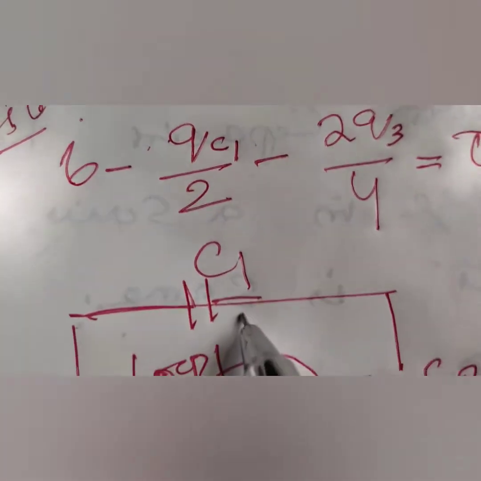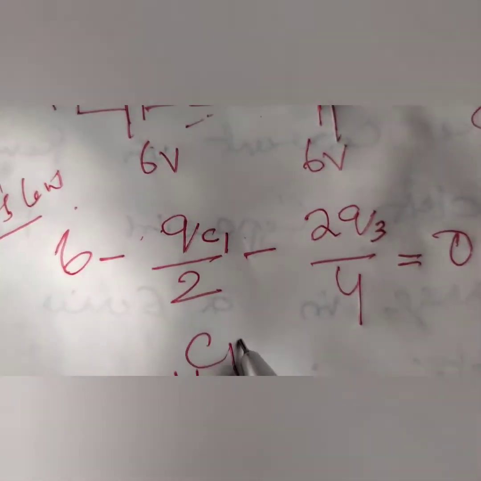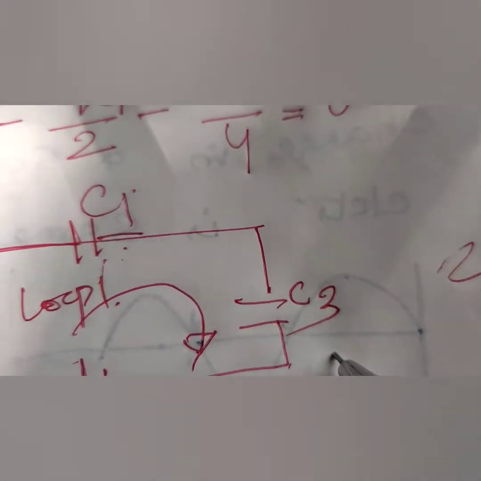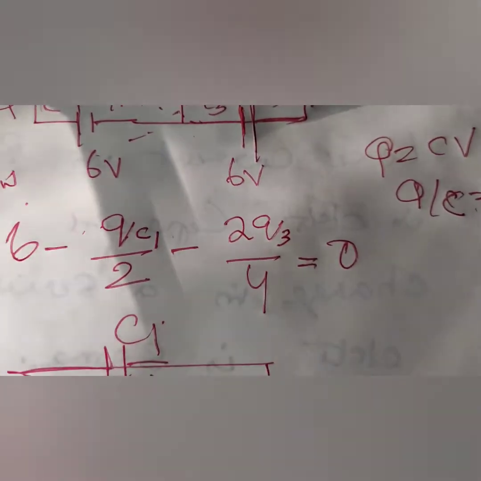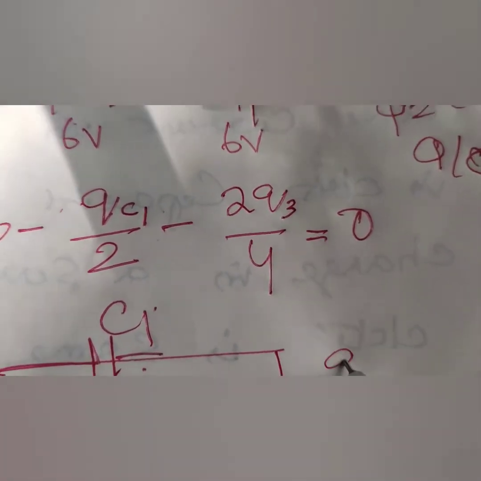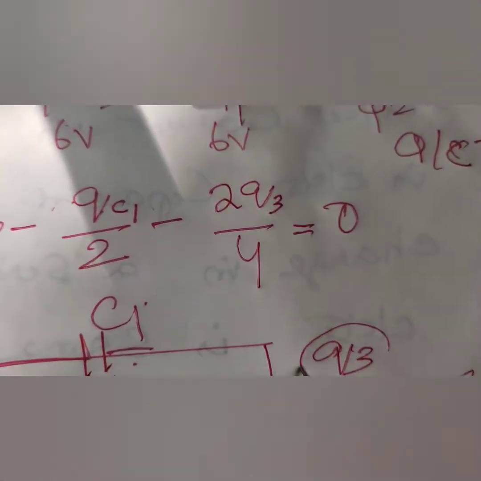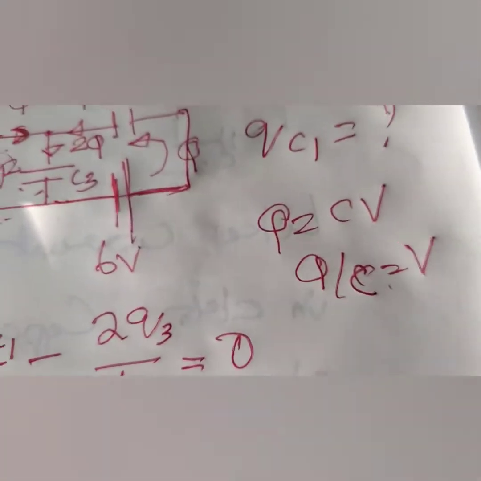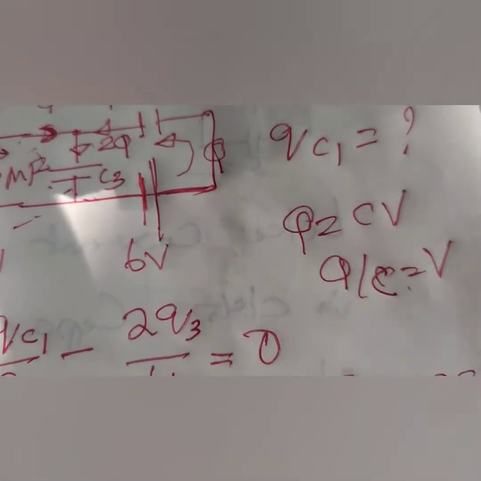6 minus QC1, the charge across capacitor 1, by 2, minus 2Q3 by 4. Q3 is the charge across this, and Q3 is equal to QC1.